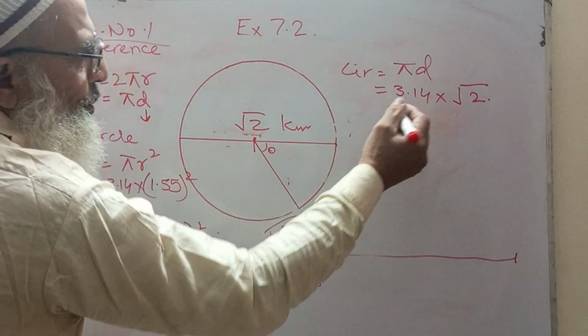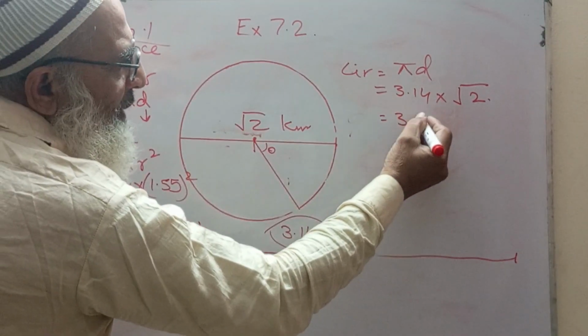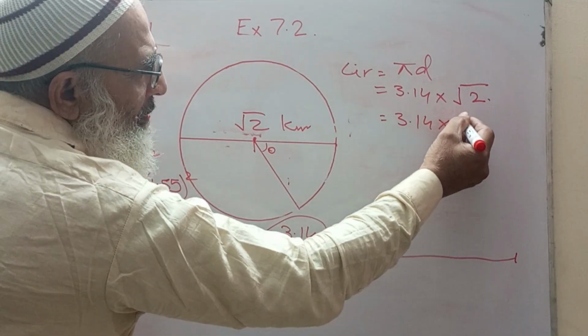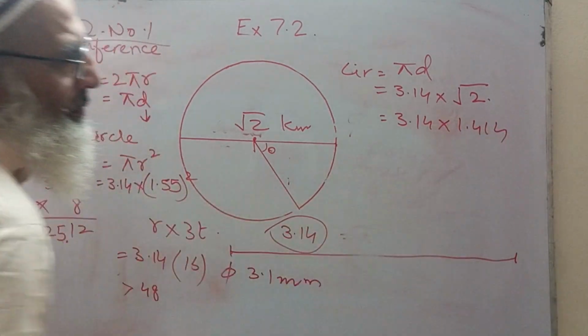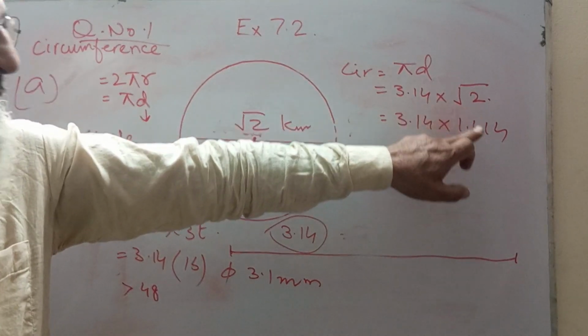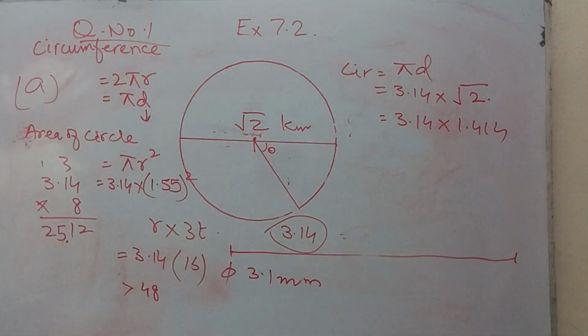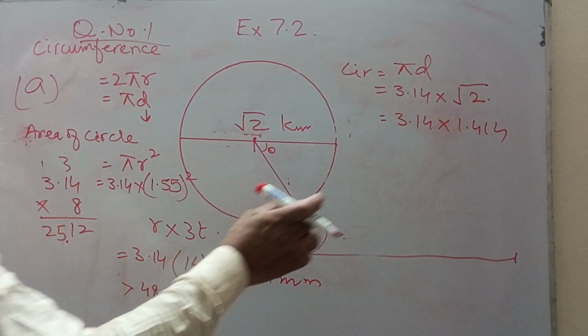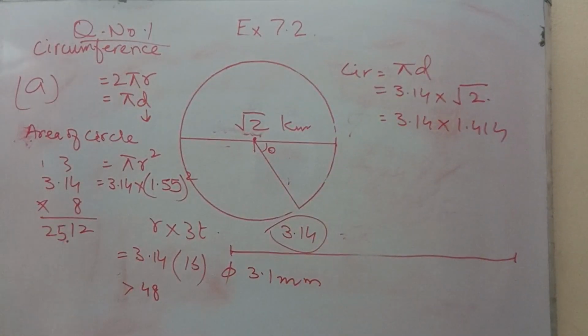And you know what root 2 is? This is 3.14 multiplied by 1.414. If you open this root, it will become 1.414. So just multiply, you will get the answer.